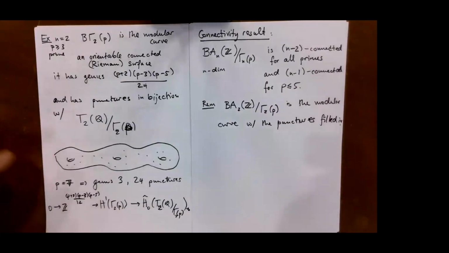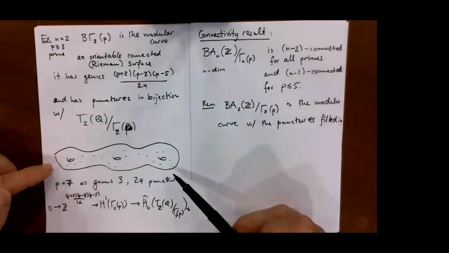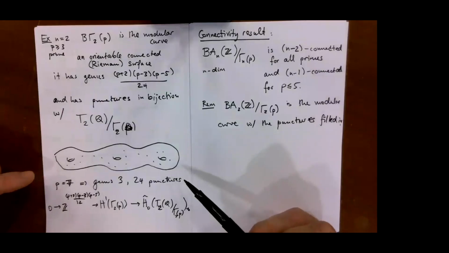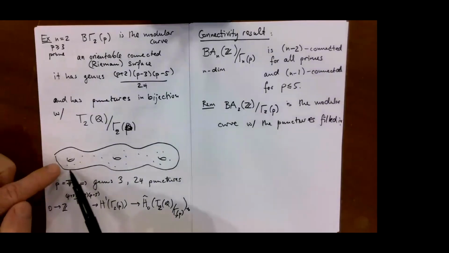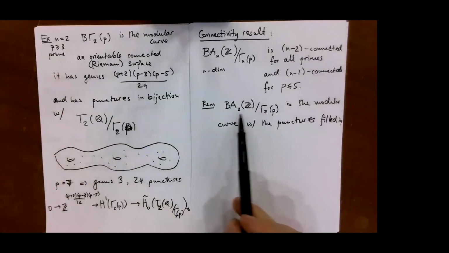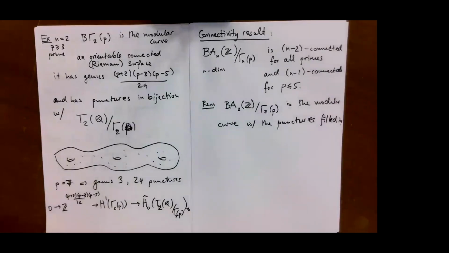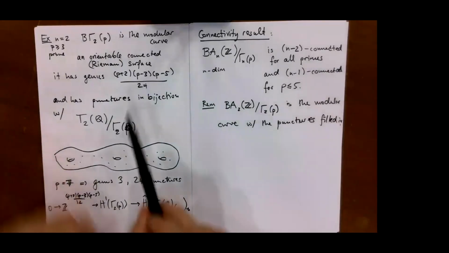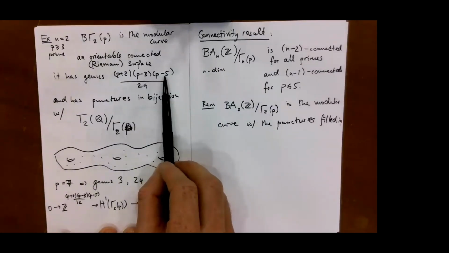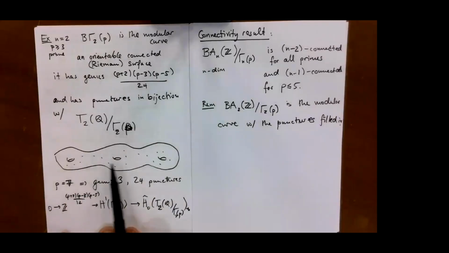The modular curve is the same thing as the locally symmetric space, and this gives you a simplicial complex structure on the Satake compactification. The punctures are literally where the vertices of this simplicial complex lie. For p equals 5, there is no genus because p minus 5 is 0. But for p equals 7 and higher, you have genus, and that will show you that it's not simply connected.